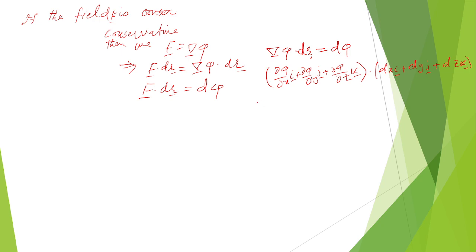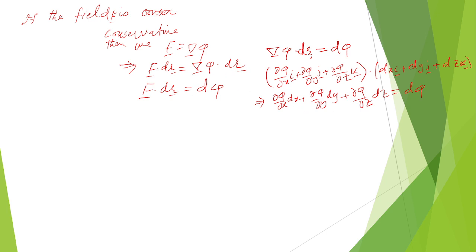Taking the dot product on both sides, this is partial phi partial x dx, partial phi partial y dy, and partial phi partial z dz, which is exactly d phi.